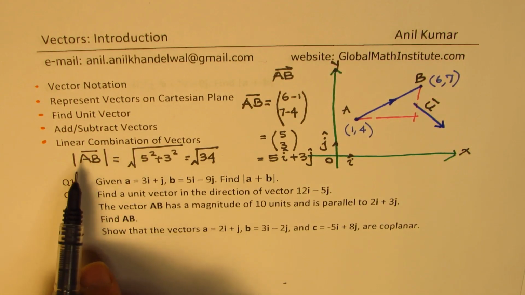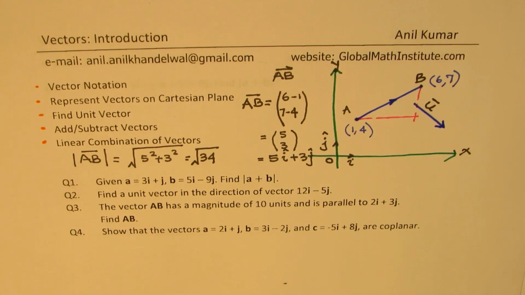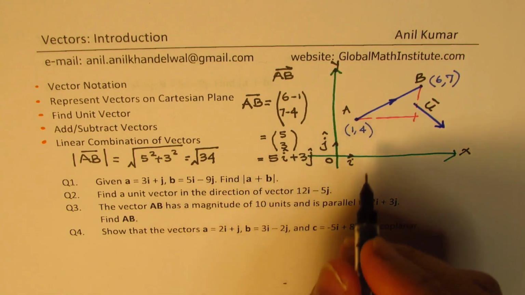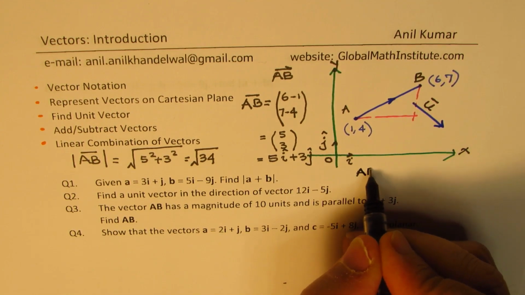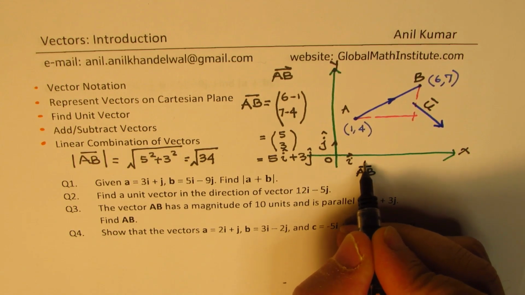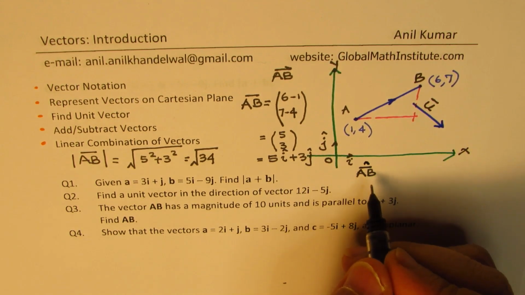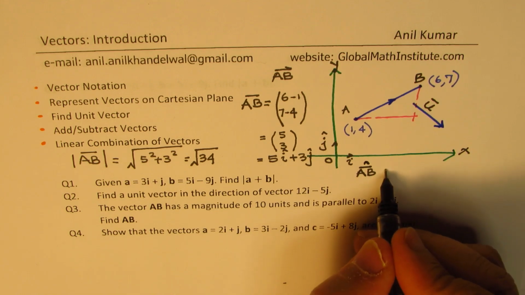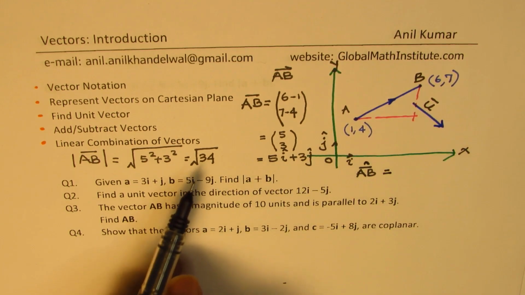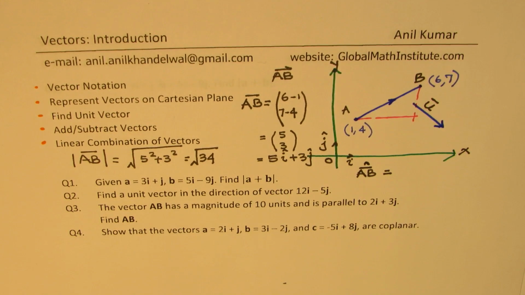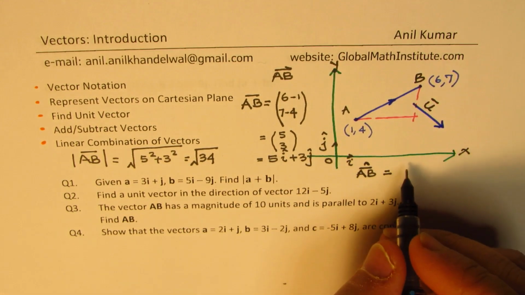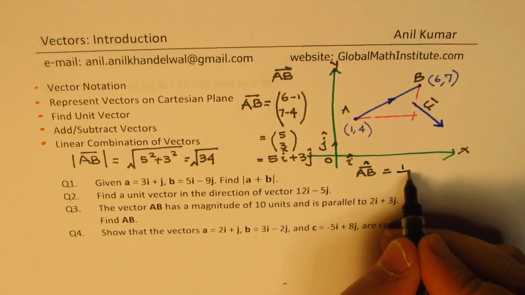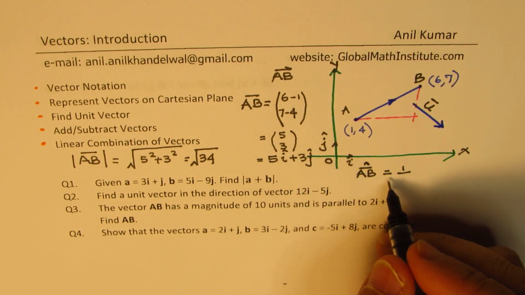Now if I have to write a unit vector AB, right? So here, we have very less space, let me use the space itself. So the unit vector AB, which I could represent like this with a cap on the top, right, should be equal to, we need to divide it by the magnitude of whatever the magnitude it has, right? So you could write this as 1 over the magnitude of the vector, right?